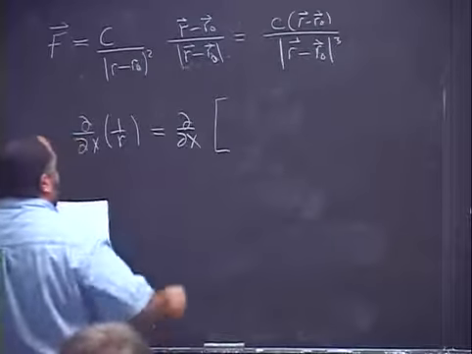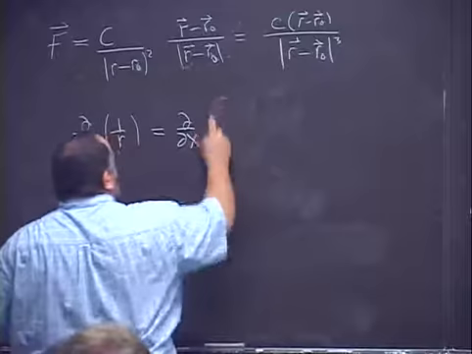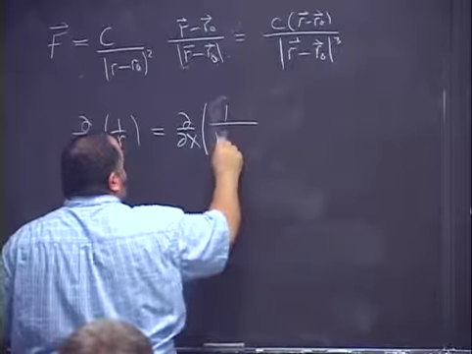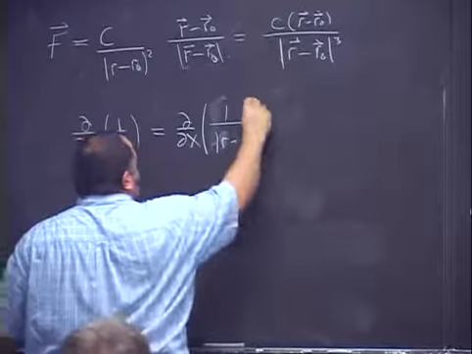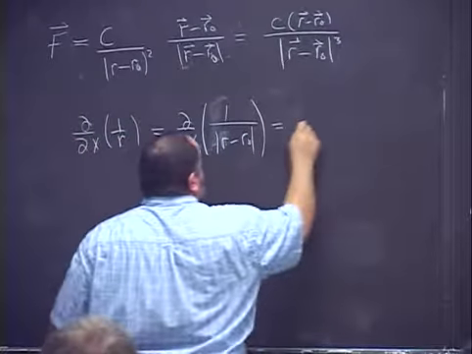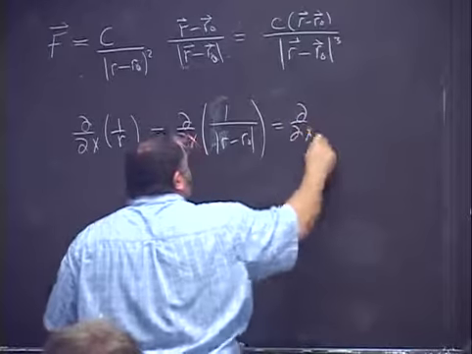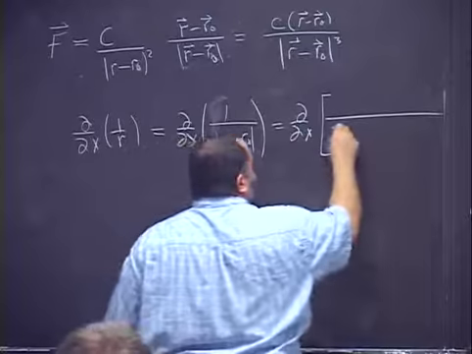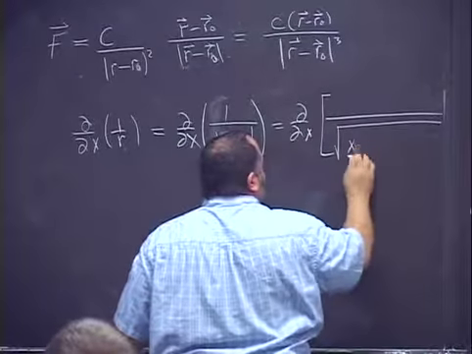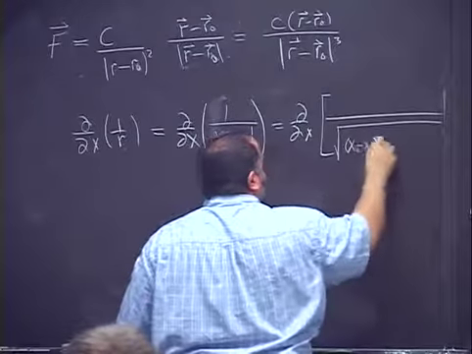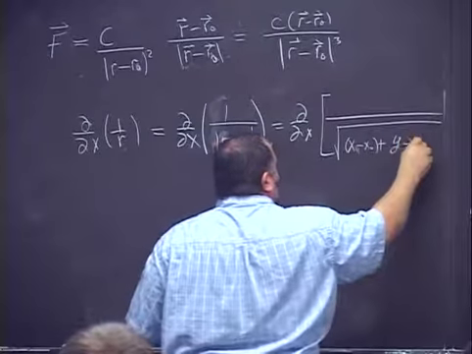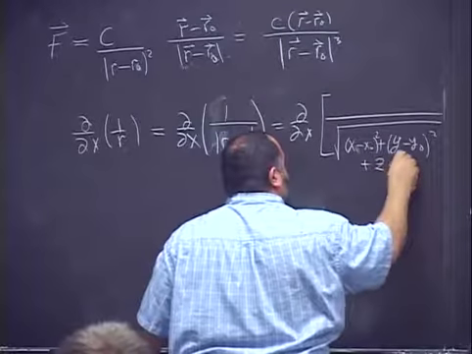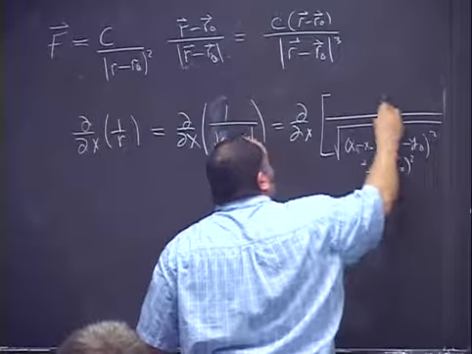So 1 over r with respect to x is just 1 over the amplitude of r minus r0. And this is nothing more than 1 over the square root of x minus x0 squared plus y minus y0 squared plus z minus z0 squared.